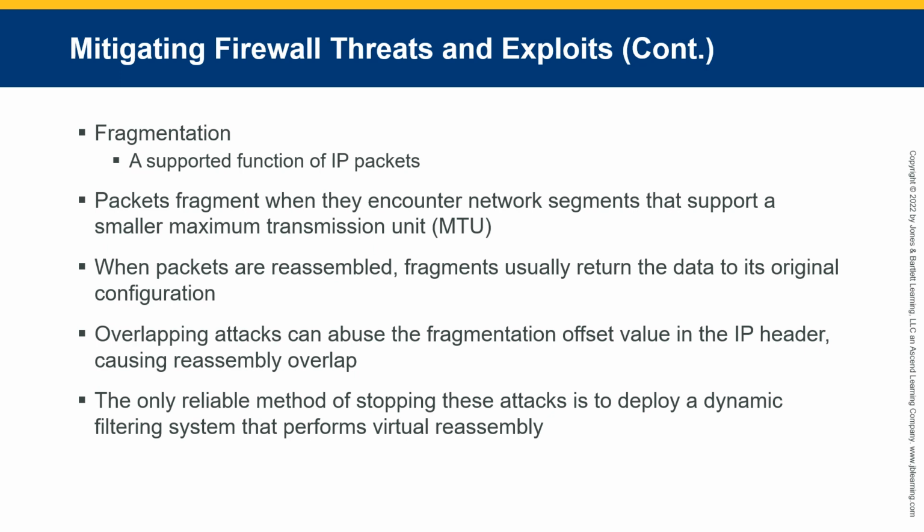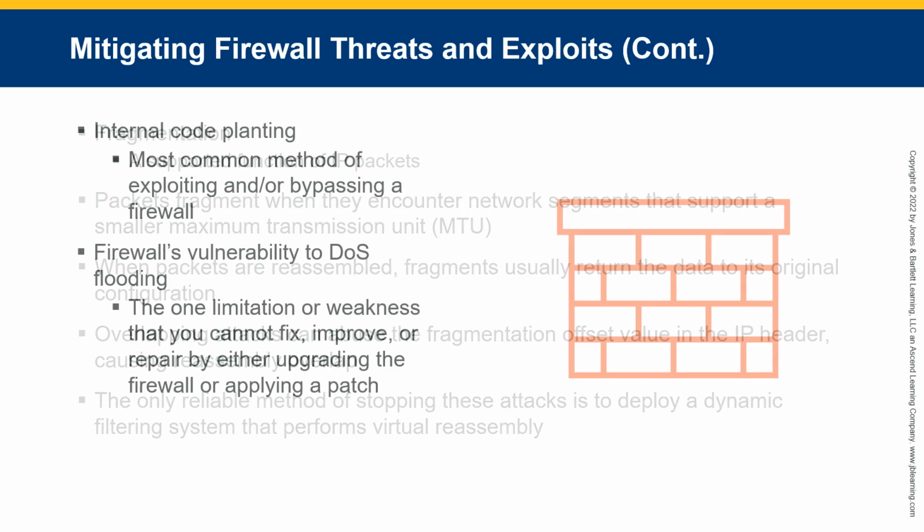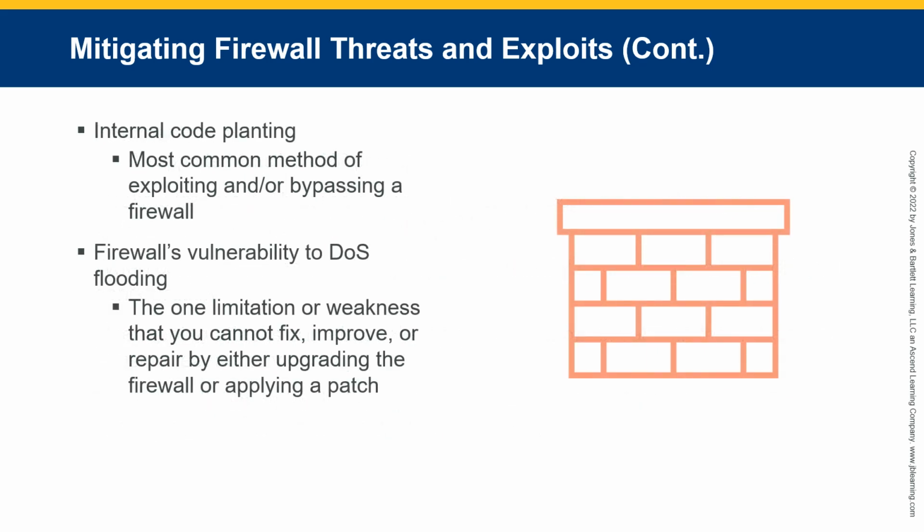Now when they do the overlapping, they can use that offset to cause a reassembly overlap, and then you've got to use some kind of dynamic filtering system that performs a virtual reassembly. This virtual reassembly in many of the systems is done in a sandbox where they evaluate it and then scan it for malware. So we have that going on in a lot of places.